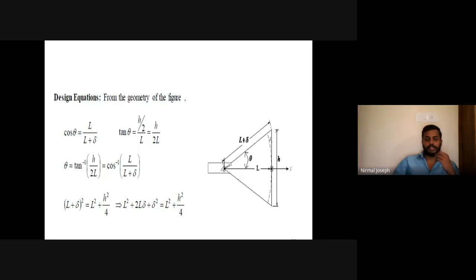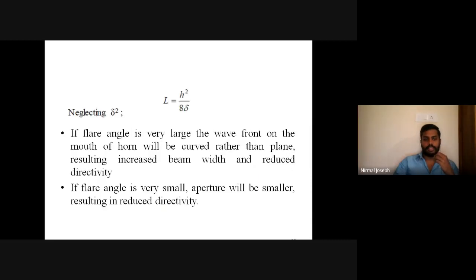L square gets cancelled, and neglecting delta square, because that will be a very small quantity, L is equal to h square by 8 delta. Delta itself is very small, so delta square will be much smaller. That's why we are neglecting delta square. So this is the design criteria.